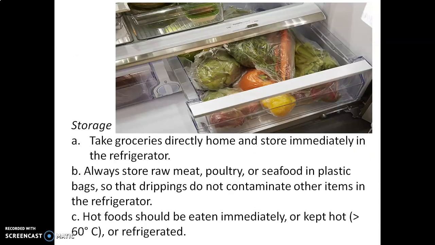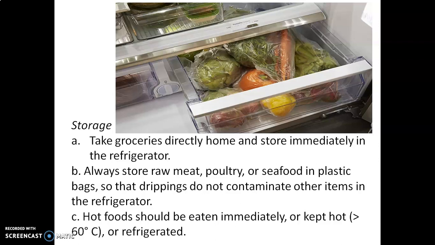And coming to the storage also, take groceries directly home and store immediately in the refrigerator. Always store raw meat, poultry or seafood in plastic bags so that dripping does not contaminate the other items in the refrigerator. Hot food should be eaten immediately or kept hot at more than 60 degrees centigrade or refrigerated.